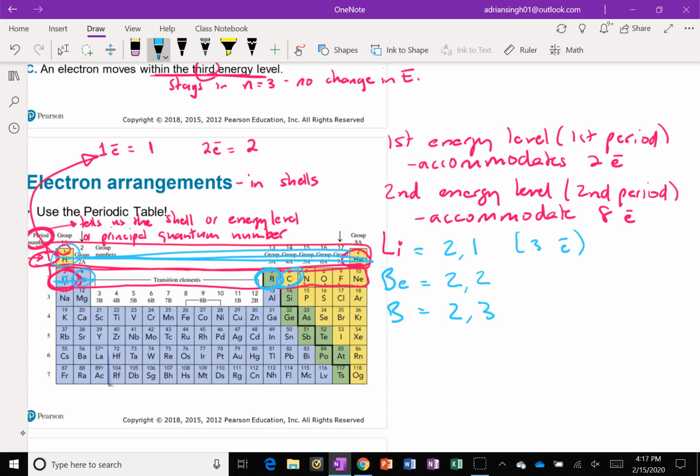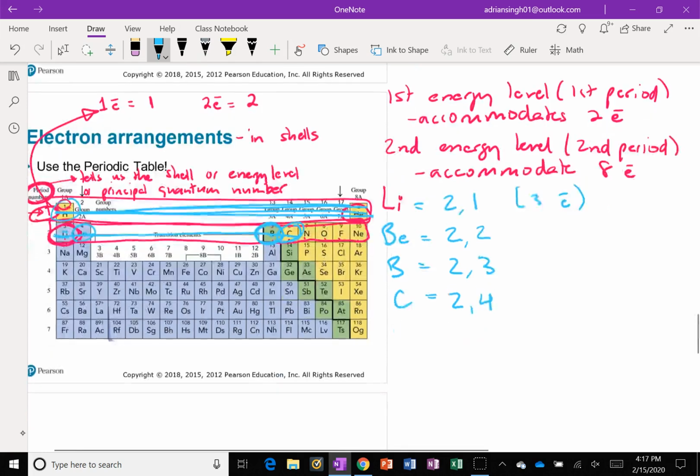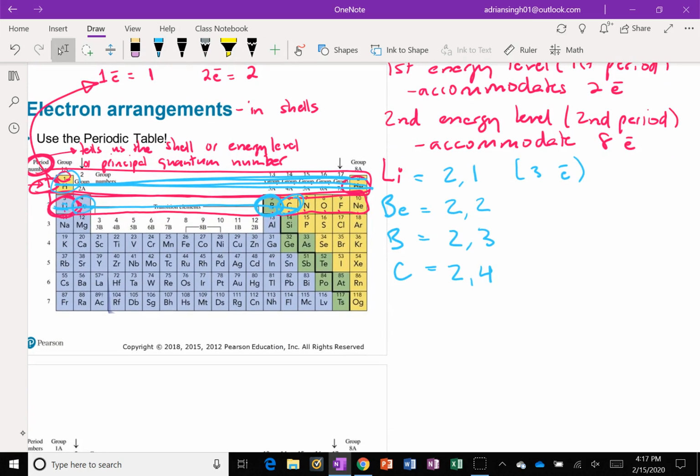Carbon is right here. We start at the top again, we go all the way across, 1, 2, and then to get to carbon, we go 1, 2, 3, 4. So 2, and then 4 to get to carbon. And we can do that for all of the elements on the periodic table.